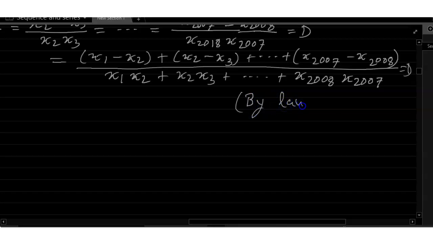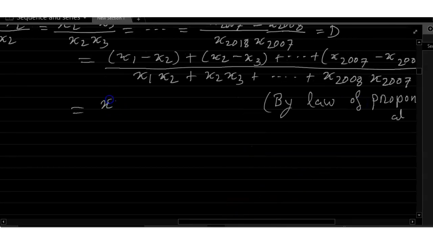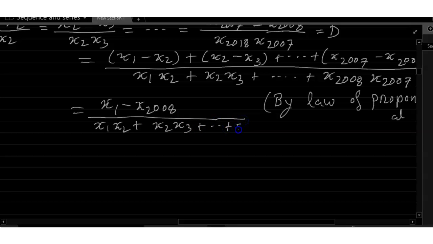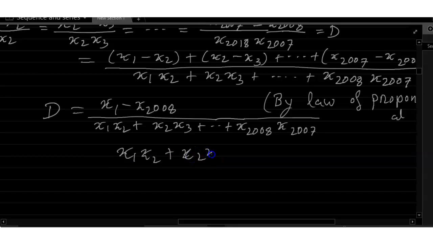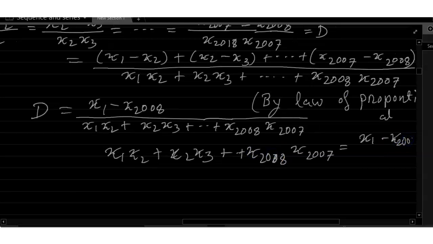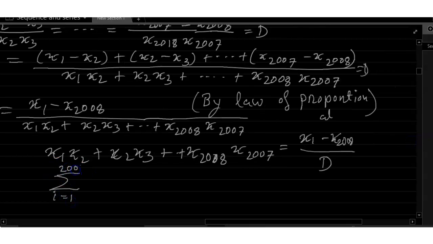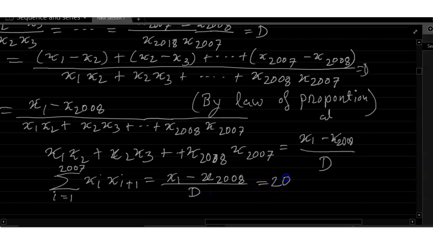By the law of proportion, (x1 minus x2008) divided by (x1 x2 plus x2 x3 plus up to x2007 x2008) equals D. So the summation for i equals 1 to 2007 of x_i x_(i+1) equals (x1 minus x2008) divided by D. This can be written as 2007 x1 x2008.